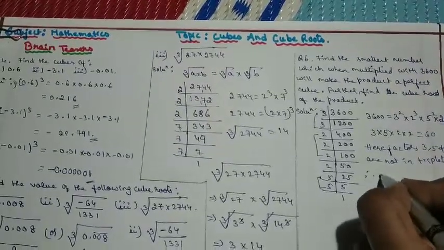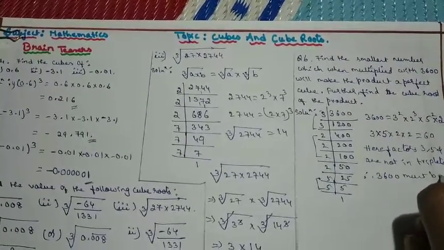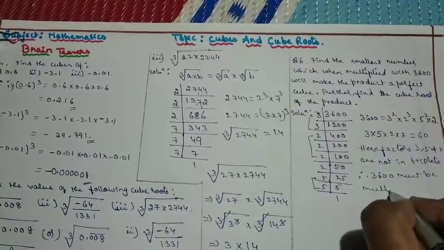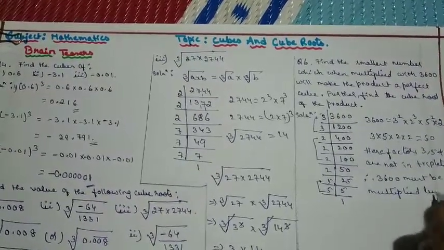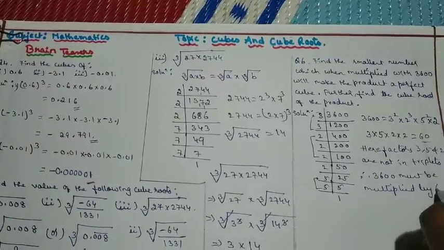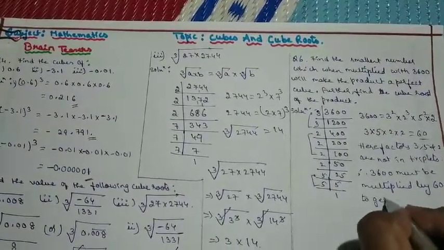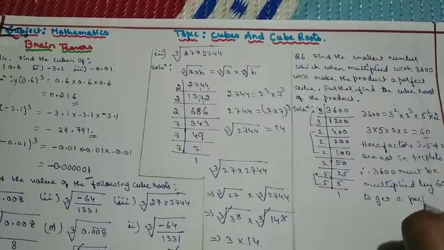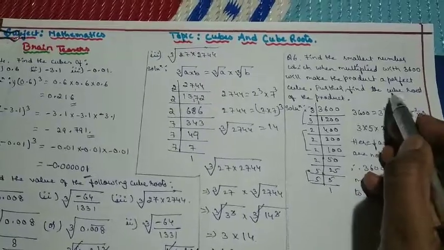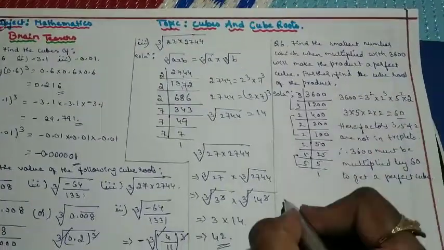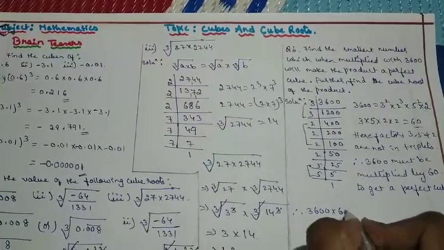Therefore, 3600 must be multiplied by 60 to get a perfect cube. And after that, he asked to find the cube root of the product. Therefore, 3600 into 60. Then what is the answer?